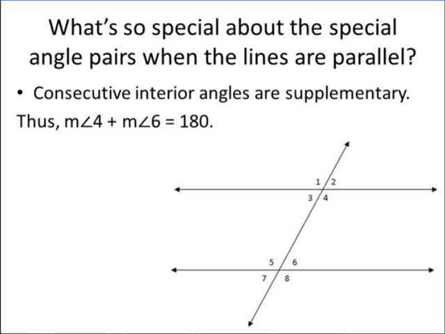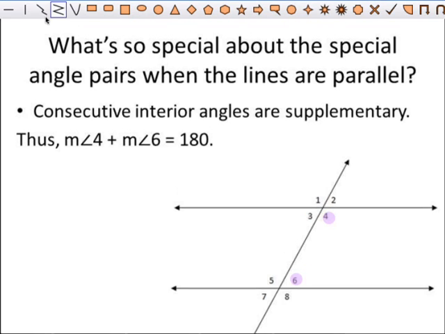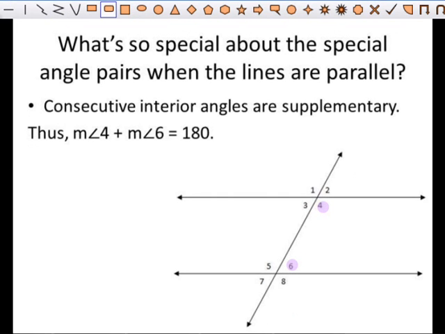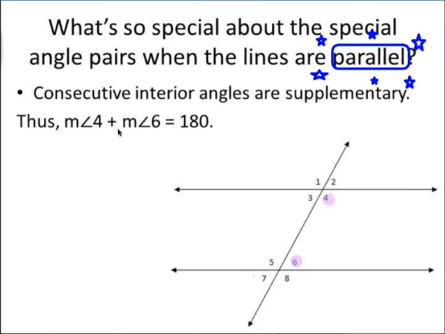What's so special about angle pairs when lines are parallel? Well, we have a few things. So consecutive interior angles are supplementary. So 4 and 6. And the important thing here that you have to understand is that none of this works except for when the lines are parallel. That's hugely important.